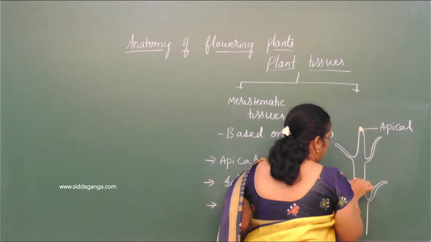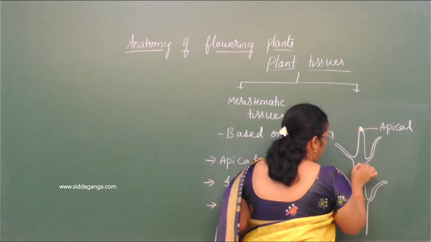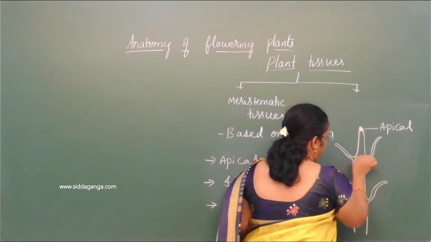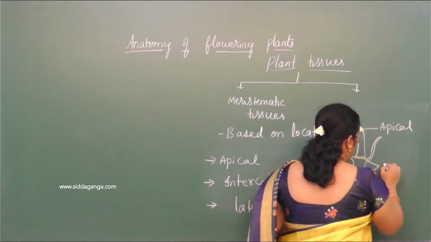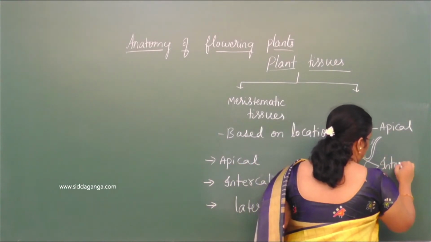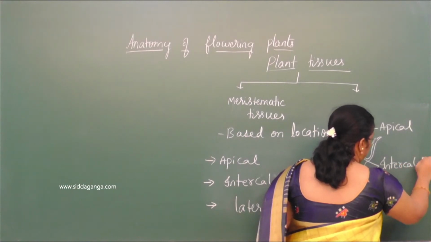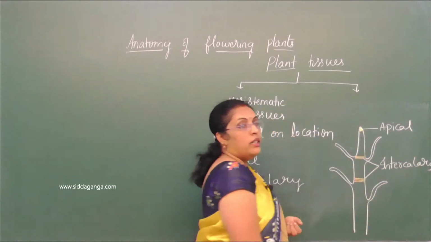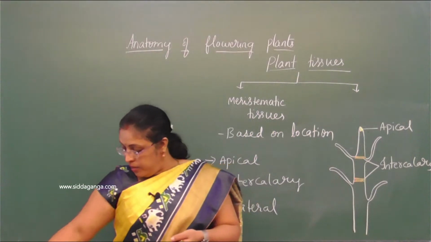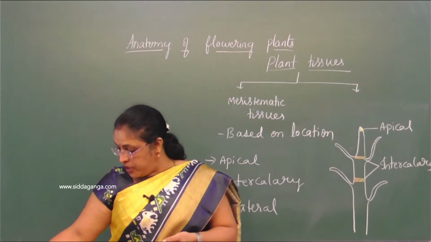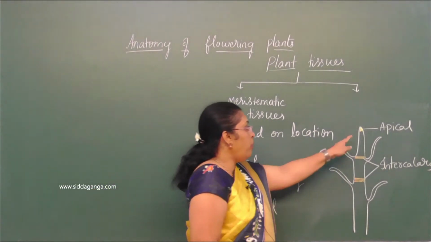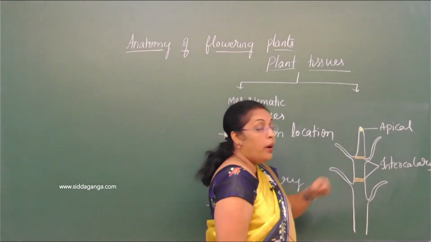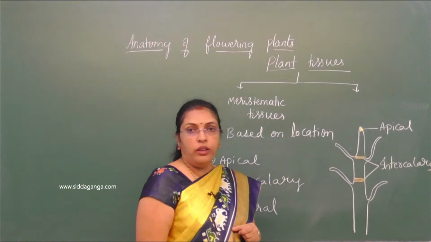Then we see intercalary meristems. These intercalary meristems are apical meristems separated from the apex by the permanent tissues formed between them.